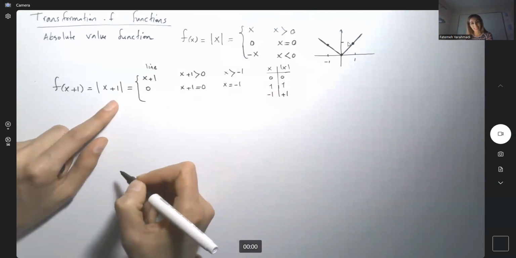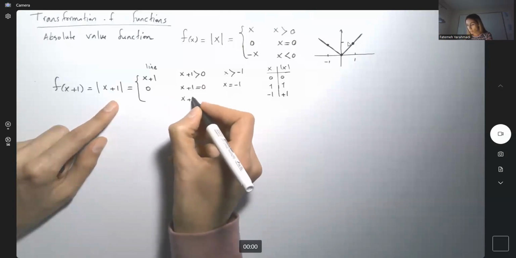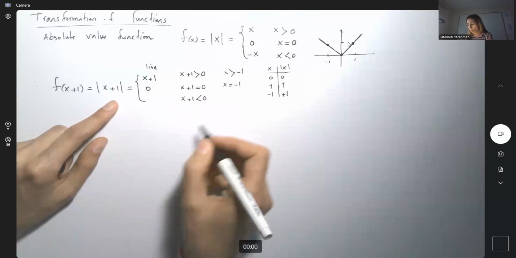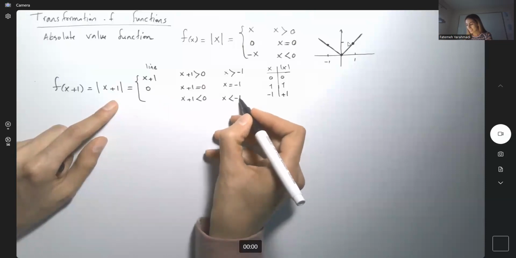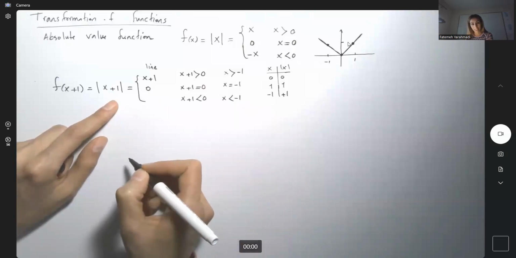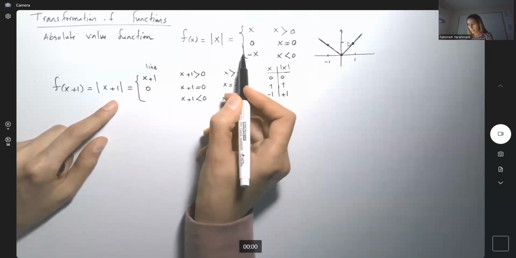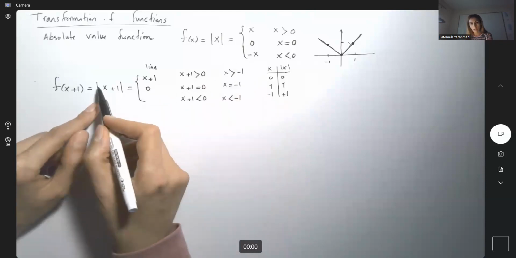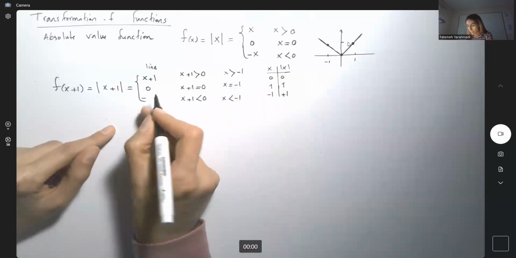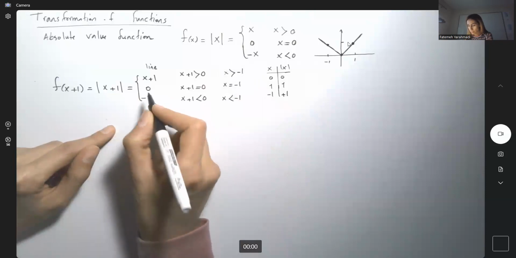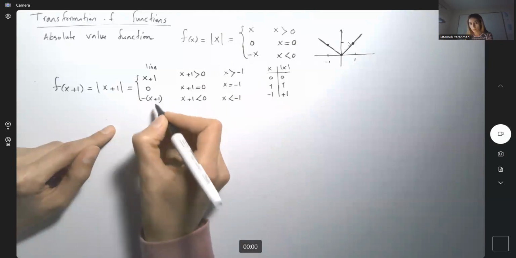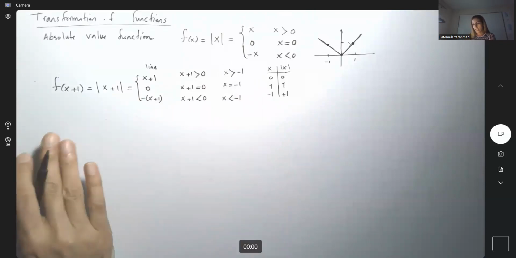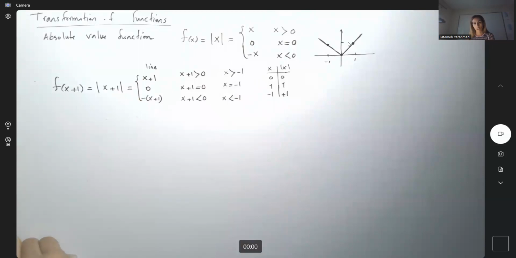I get 0 back. And if x plus 1 is less than 0, or if x is less than negative 1, what do I get? I get this negative sign in front of the whole quantity, minus parenthesis x plus 1. So this happens to my function.